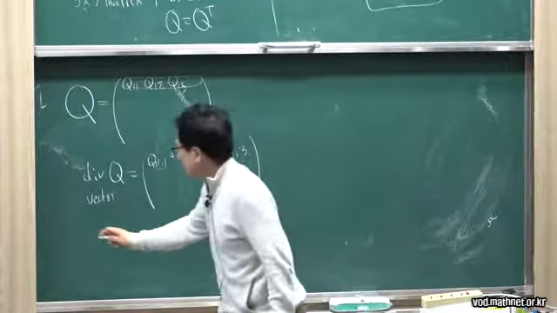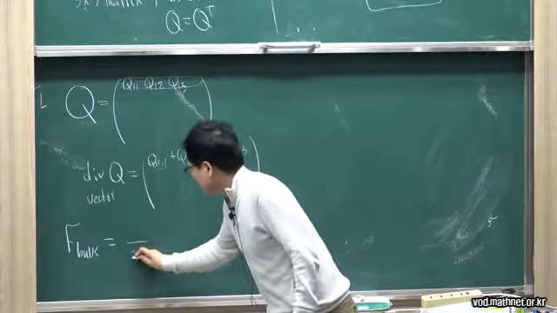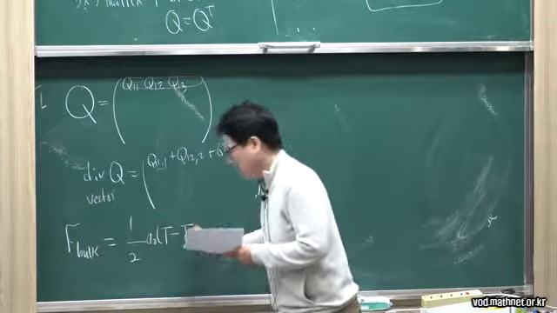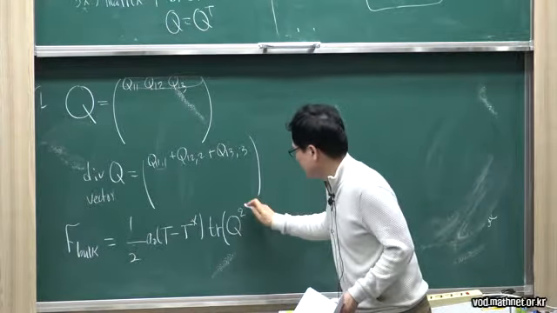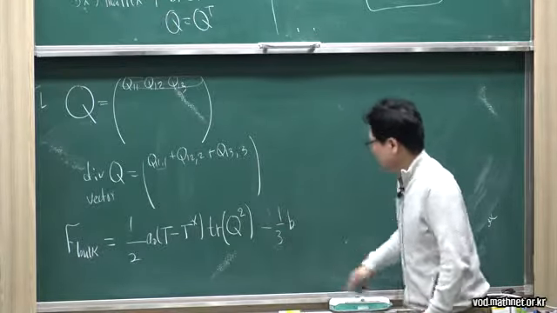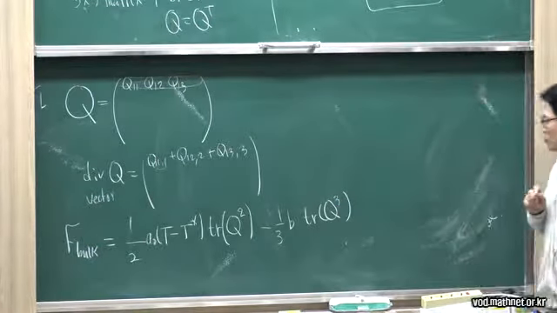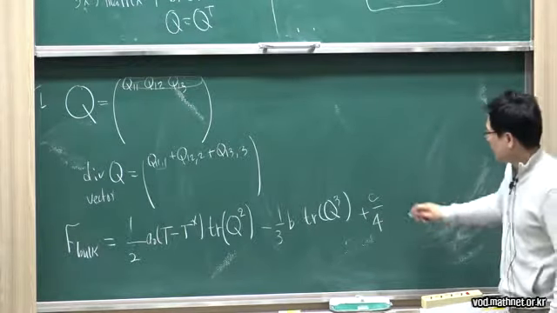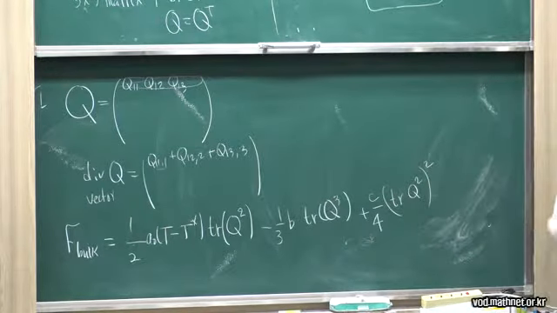And then F bulk energy is this one. F bulk is in general a over 2 times T minus T star, trace Q squared, and then minus 1/3 B trace Q cubed, and then C over 4 times trace Q squared, squared.